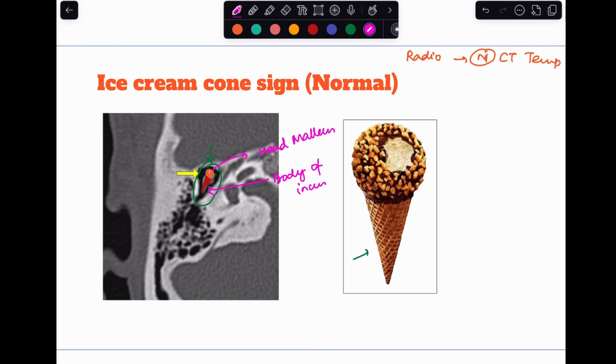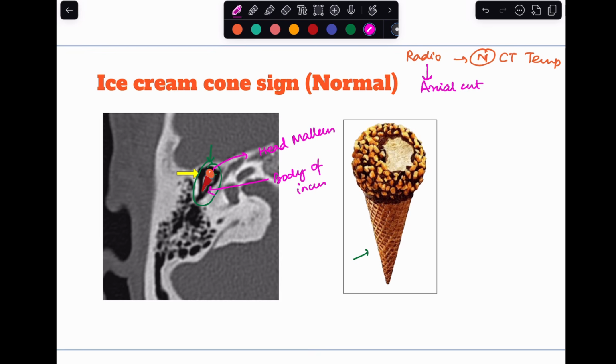Both of them together resemble this ice cream cone looking structure, and this is seen in a normal middle ear anatomy. If I had to ask you which section of the CT scan you will be able to see this on, we will be able to see this on an axial cut of the CT temporal bone.